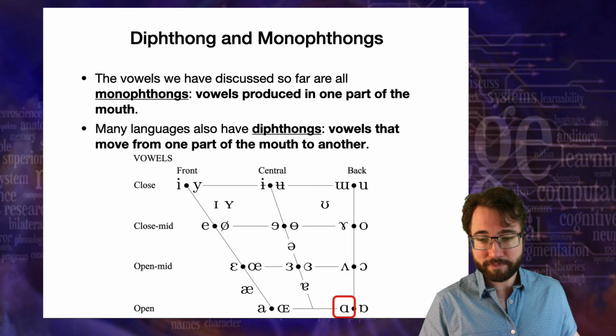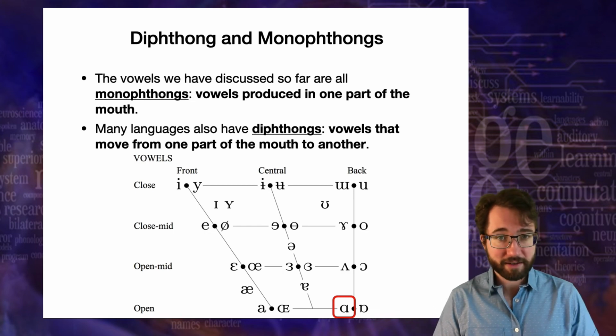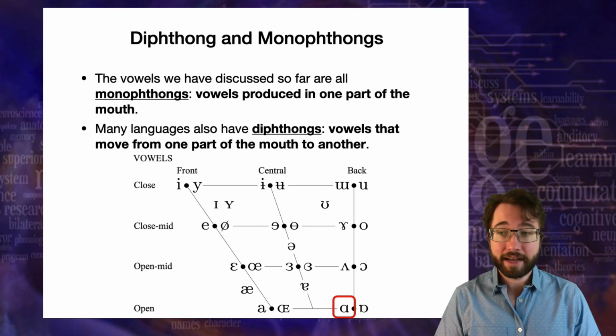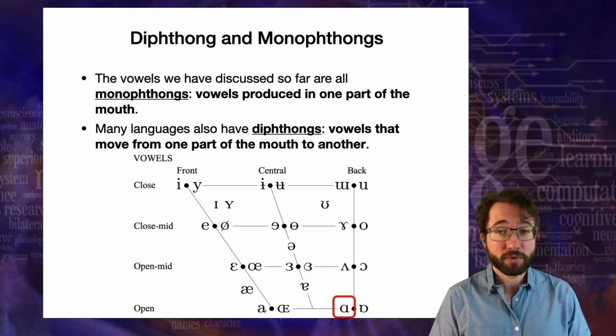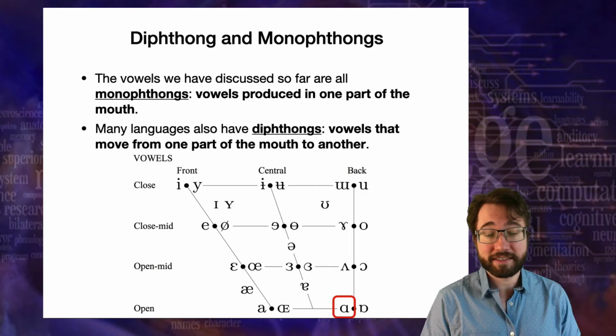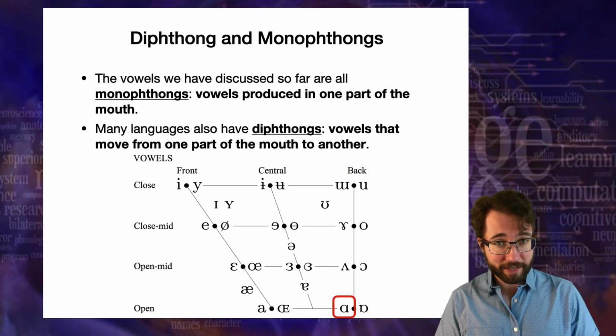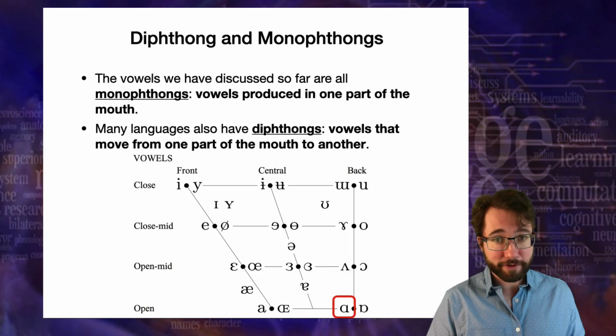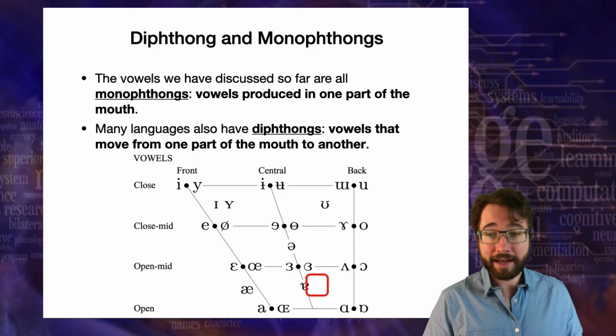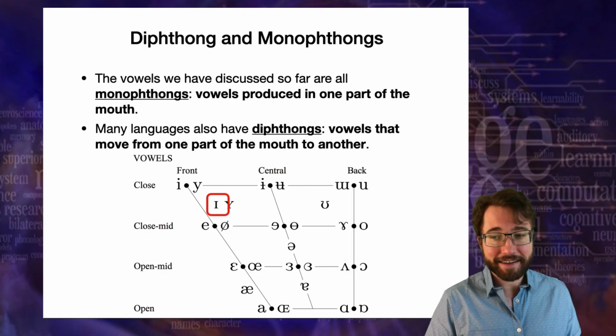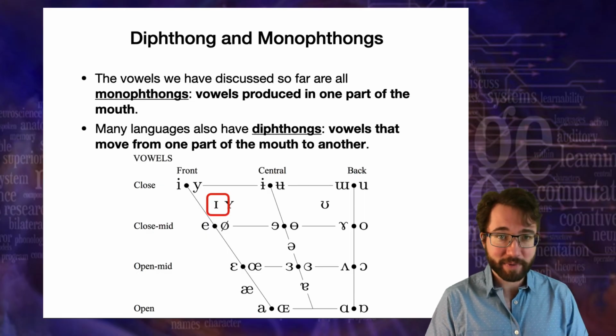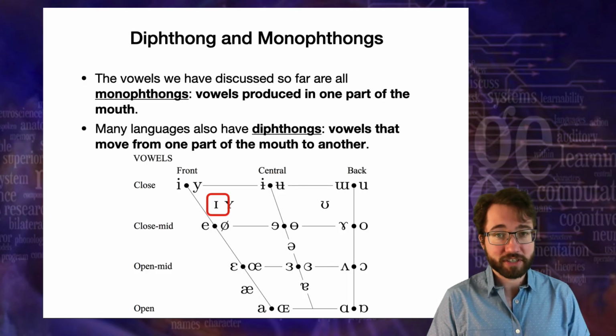So for example, I could have a vowel sound that starts with ah, and then it moves continuously up towards E. So it starts in the low back unrounded vowel, and it ends in the high front unrounded vowel. So we would get I. So you see that that is actually a sound you might be familiar with. English has this sound I. It's a diphthong, which starts with ah and it ends with E.